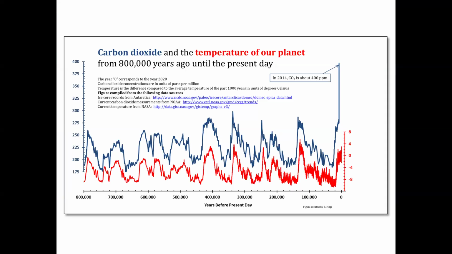Now, the fact is that because greenhouse gases like carbon dioxide are greenhouse gases, they can contribute to warming. And so, if you look back again, 800,000 years, you can track and you can see here the sources if you want to look at those. But what you can see here is that temperature in the Earth's past is tracking carbon dioxide levels in the Earth's past. So when you have more carbon dioxide, you have higher global temperatures.